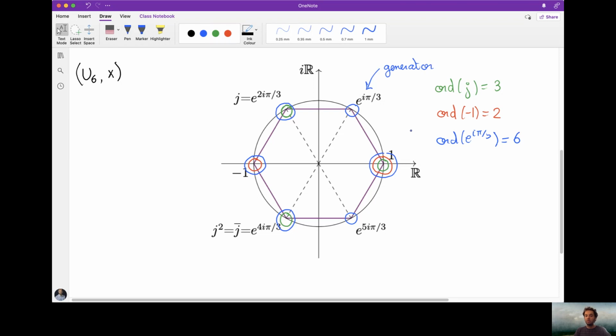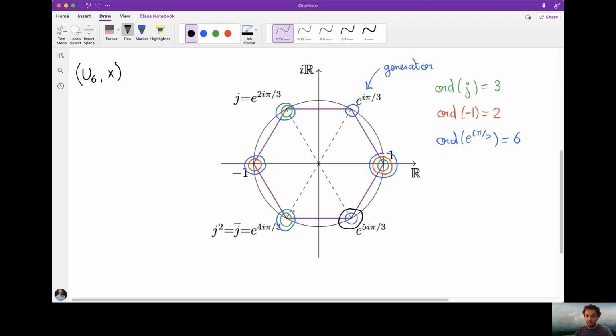Okay, so you may wonder whether this is the only generator of the group, whether I can find other elements that are generators, and the answer is yes. There is another element from which I can generate all the elements of the group, and that's exponential 5i pi over 3, which is the same as exponential minus i pi over 3.